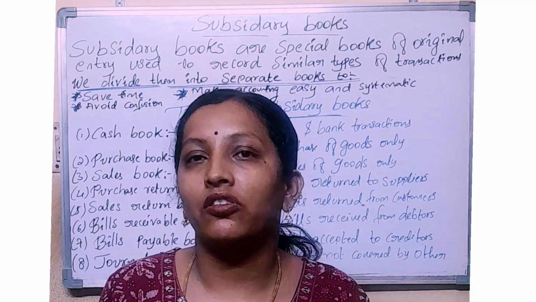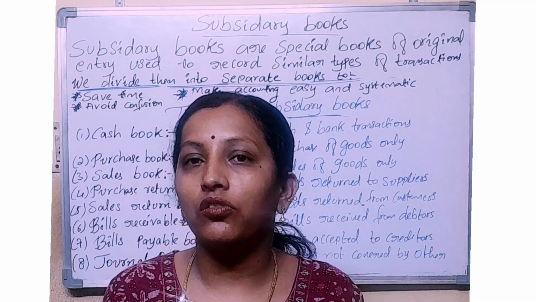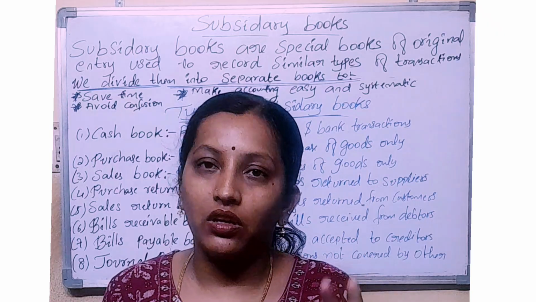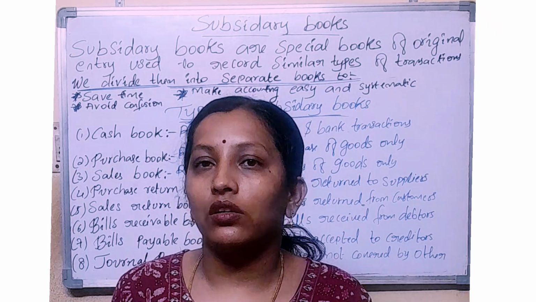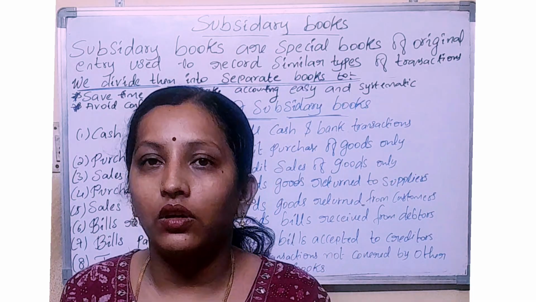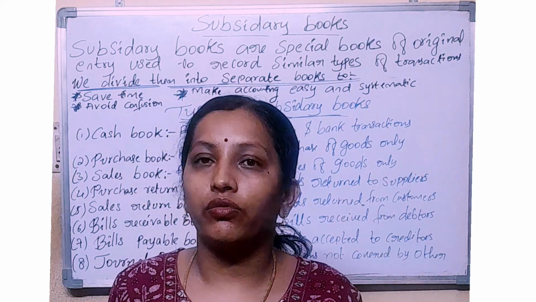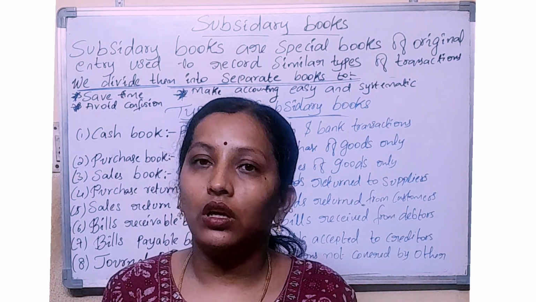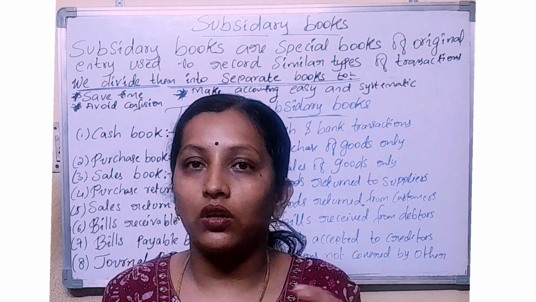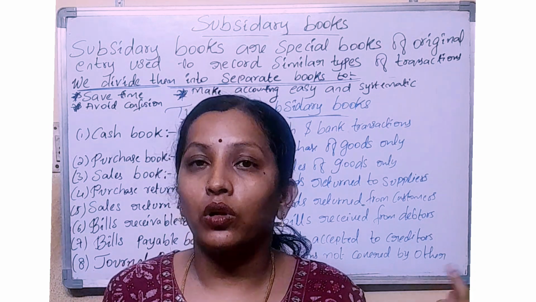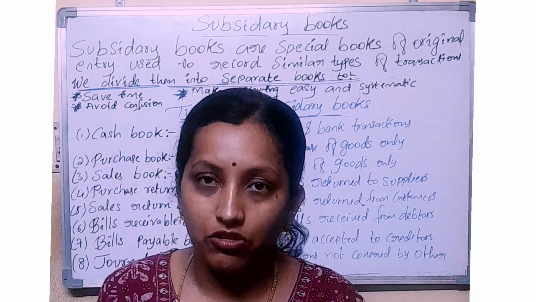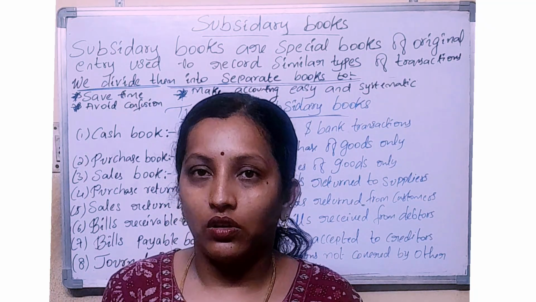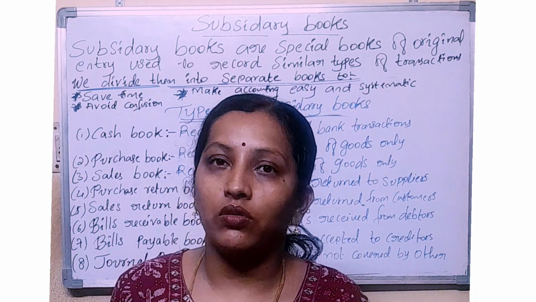We have completed generals, we have completed ledgers, and we have completed the trial balance in Unit 1. What are the methods and what are the steps? What is the format of an account? All that we have discussed, and what entries we are going to write in the trial balance, general entries and ledgers, and the golden rules also we have discussed.